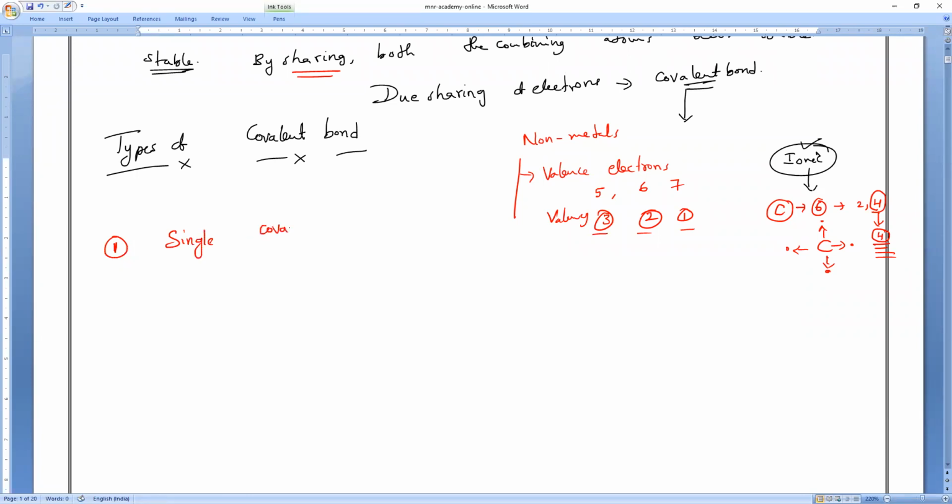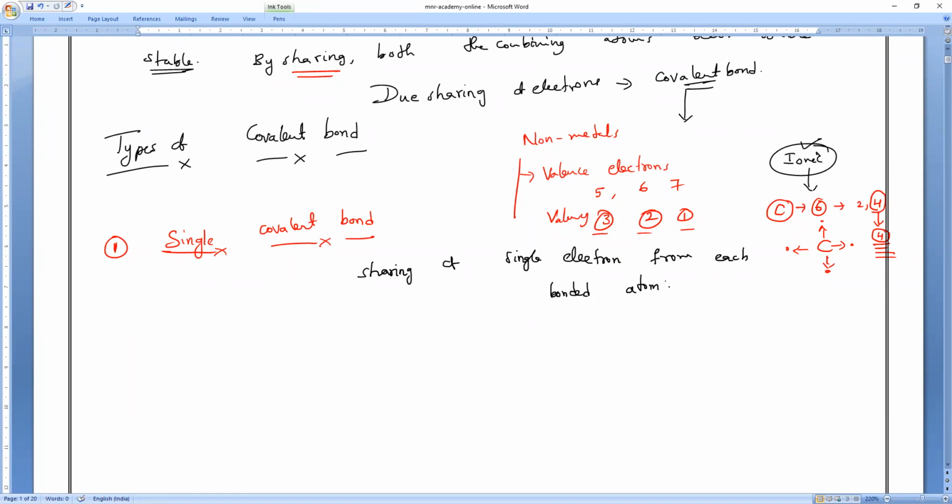Please write it. A single covalent bond is formed by the sharing of how many electrons? Sharing of a single electron from each bonded atom.